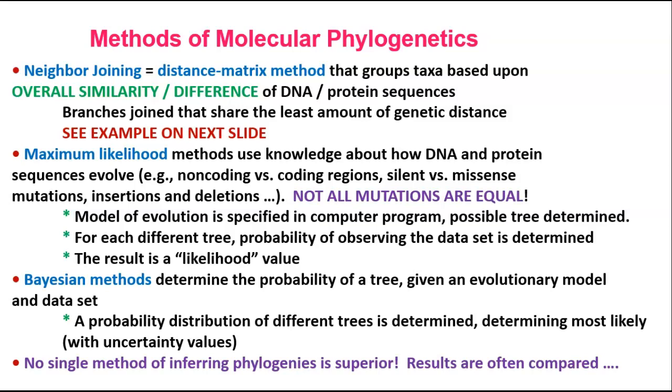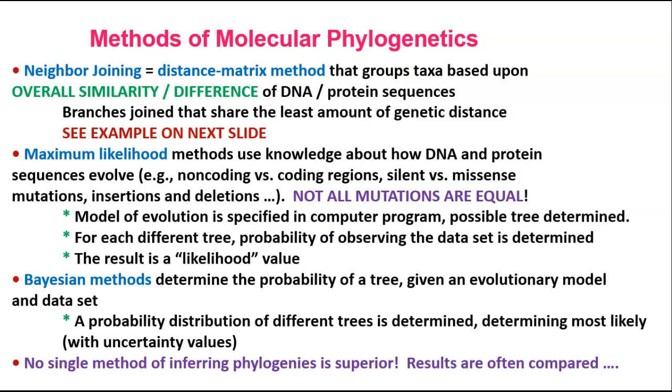The maximum likelihood methods use knowledge about how DNA and protein sequences evolve. And of course, we know a lot about how they evolve. You guys have taken upper division genetics. You've learned a lot about our genetic material and how it changes.